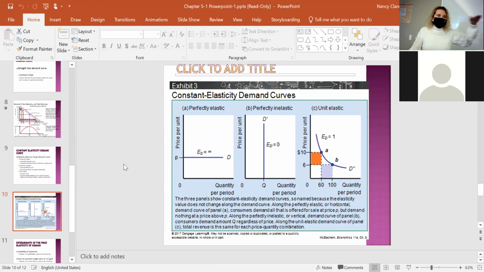Perfectly elastic is horizontal, perfectly inelastic is vertical, and unit elastic would be this really nice concave shape where every single point along that movement from one point to another along that curve would all generate a perfect 1 when you did the elasticity of demand equation. What are the chances of that? Not very good, okay?